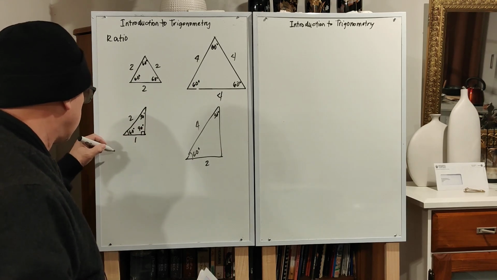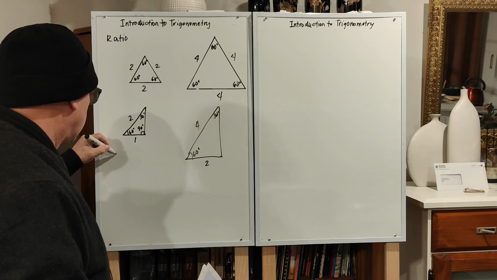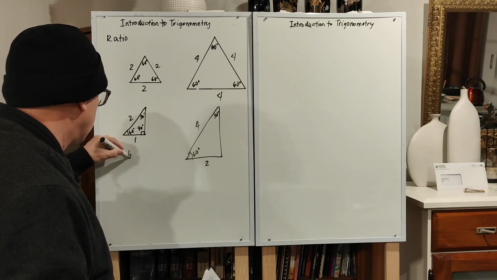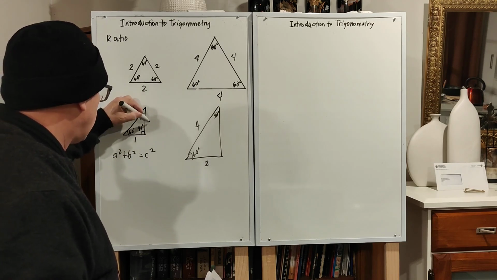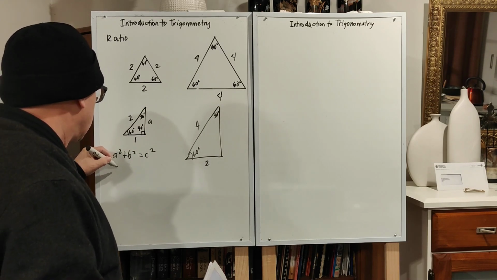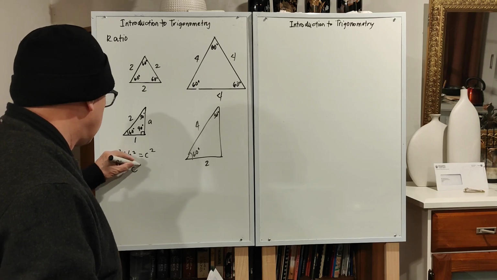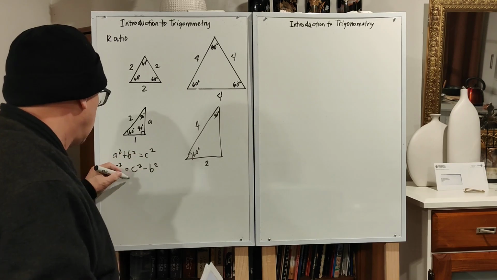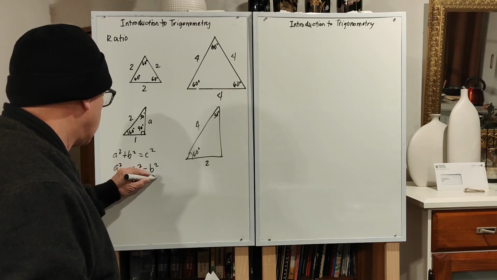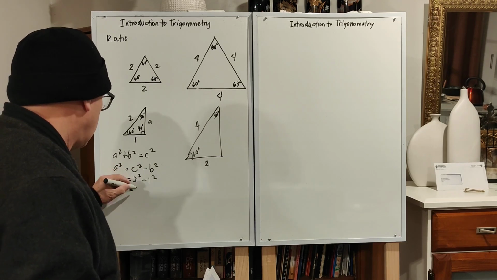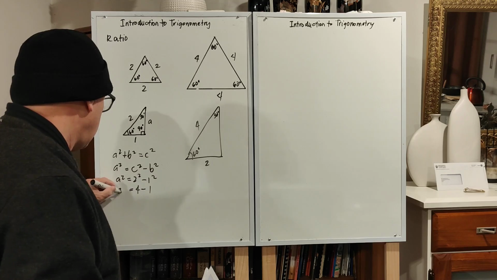So using the Pythagorean theorem, a squared plus b squared is equal to c squared. So this is your a. So your a squared is equal to c squared minus b squared. This is 2 squared minus 1 squared. So this is 4 minus 1.